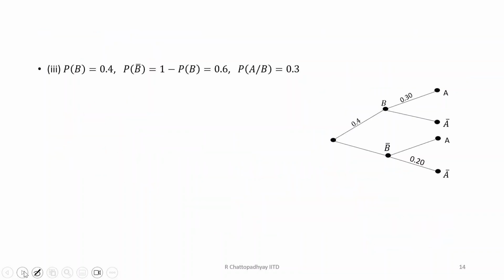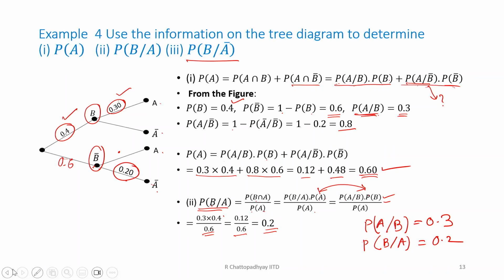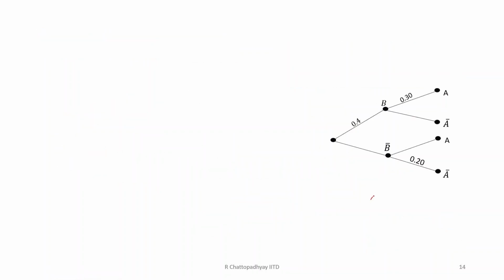The other thing now is that we have to find out P(B given A bar). So we need to know P(B given A bar). This is what we need to know. Not P(A bar given B).